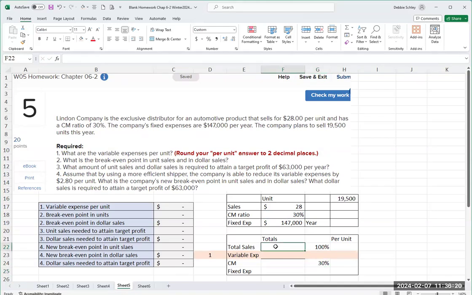And I can also figure out my total sales by taking my selling price per unit times the number of units. And I know that contribution margin ratio is 30% of sales. So a couple things we can do. And remember, we're drilling down, we're trying to get to variable expense per unit. So it's going to take several steps. So I'm working on totals right now.